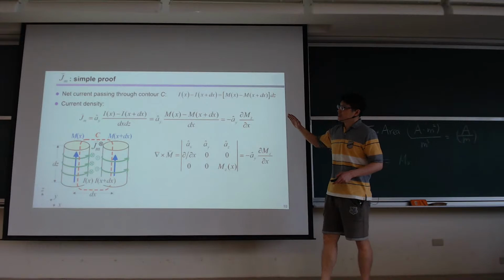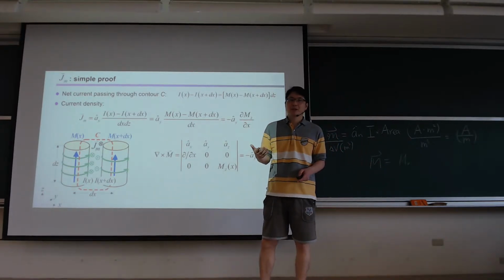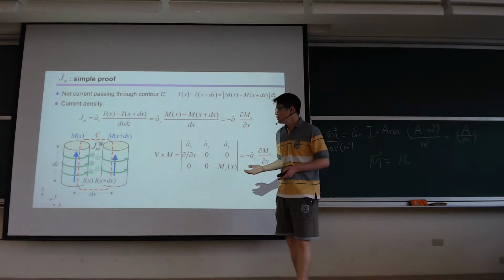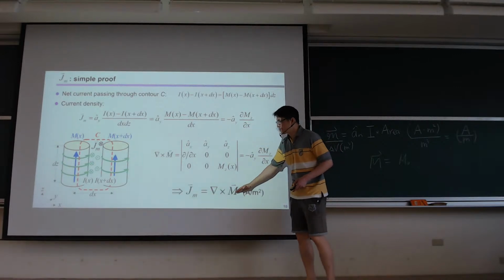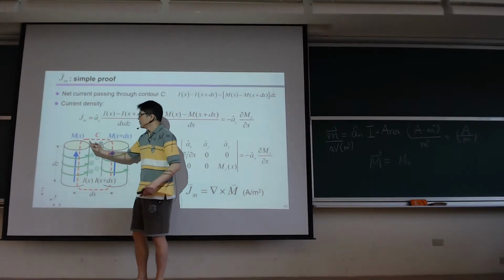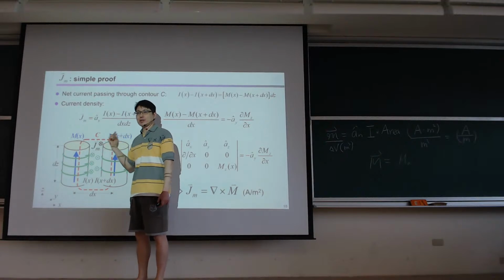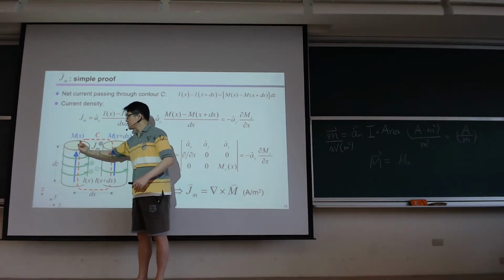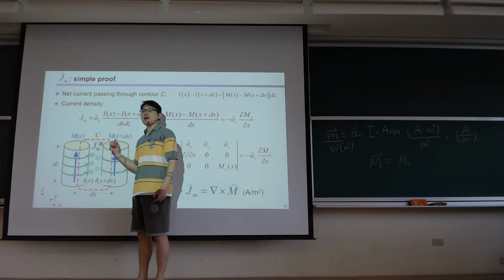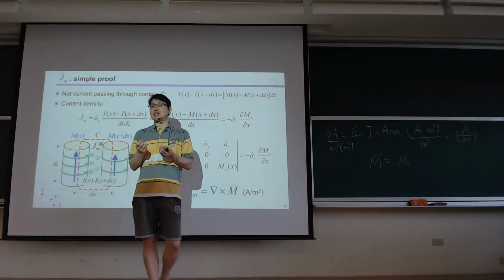So again, this is not a very rigorous proof, but it shows you, once you see this formula, and if you're brave enough to understand, you need to have inhomogeneous material, meaning at this location and at this location, they give you different strengths of magnetization.